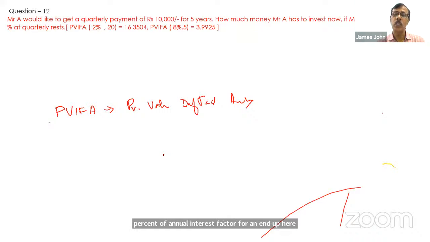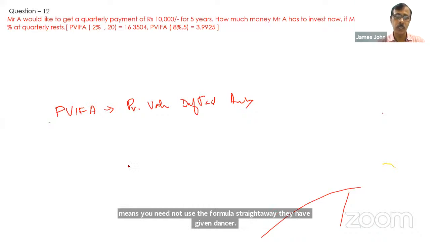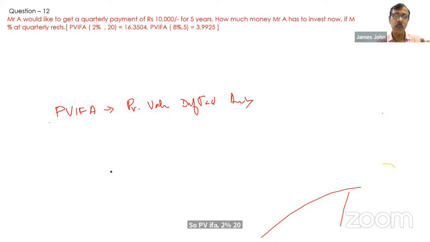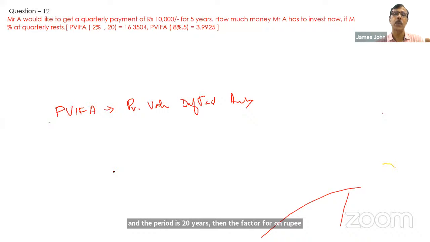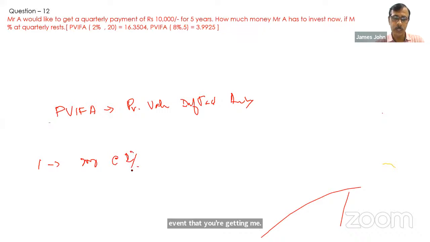Here you need not use the formula. Straight away they have given the answer. So PVIFA 2% 20 means if the rate of interest is 2% and the period is 20, then the factor for 1 rupee becomes 16.3504. That is the present value.